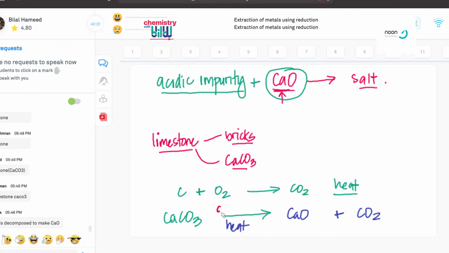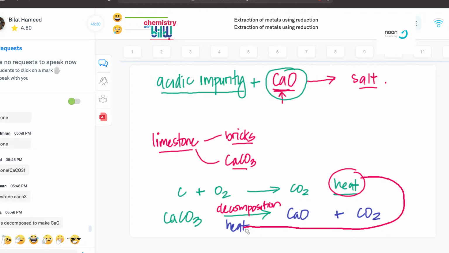This reaction is called decomposition. So the heat from the burning of carbon that we did decomposes calcium carbonate to calcium oxide. And that calcium oxide we use here to remove the impurity. Do you see the cycle?